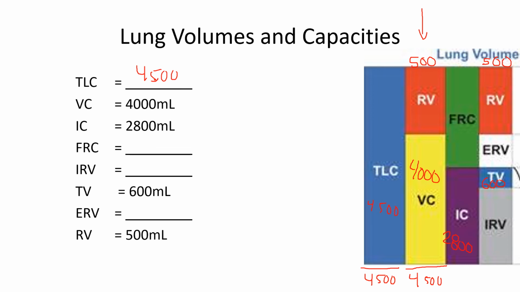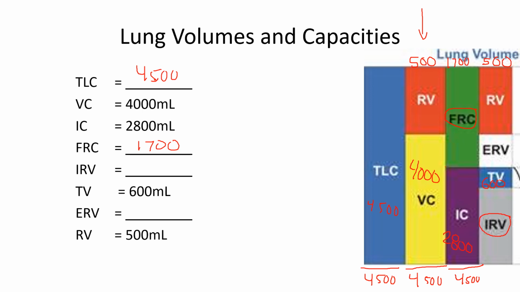Easy enough. All right, solve FRC. So this should be 4,500. 2,800 plus what number will give you 4,500? 1,700. Very good. So FRC is 1,700. All right, let's solve this guy.